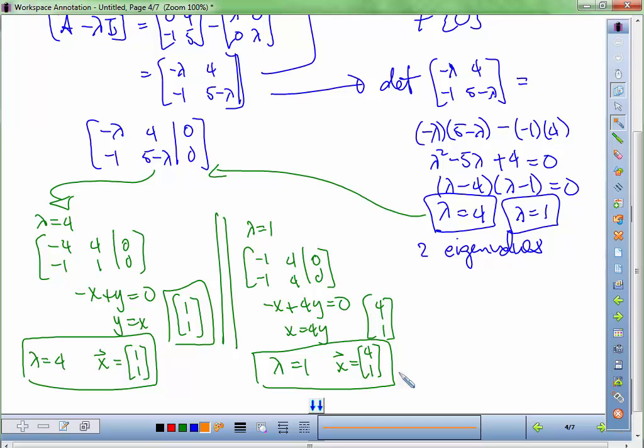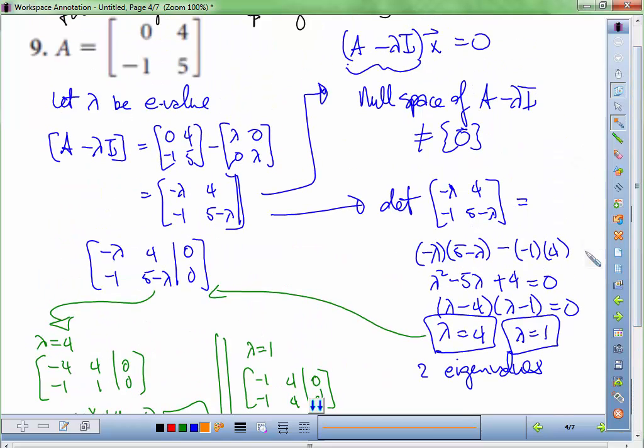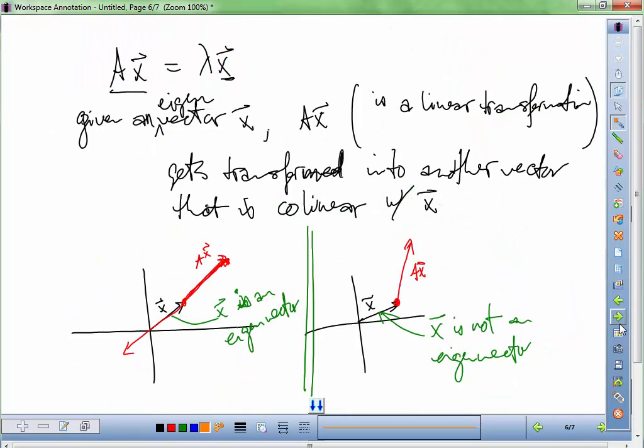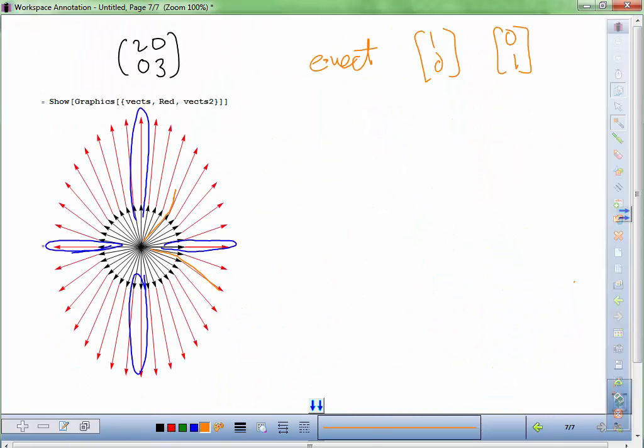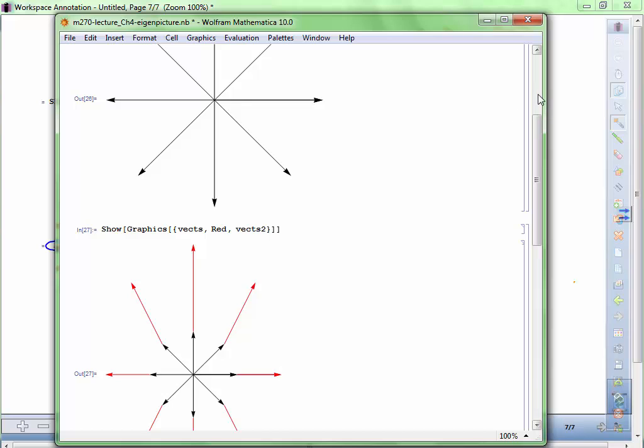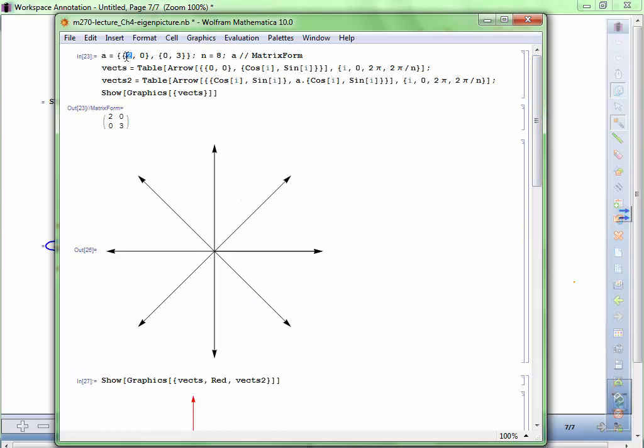So let's see how that plays out in our drawing. What was it again? This is 0, 4, -1, 5.